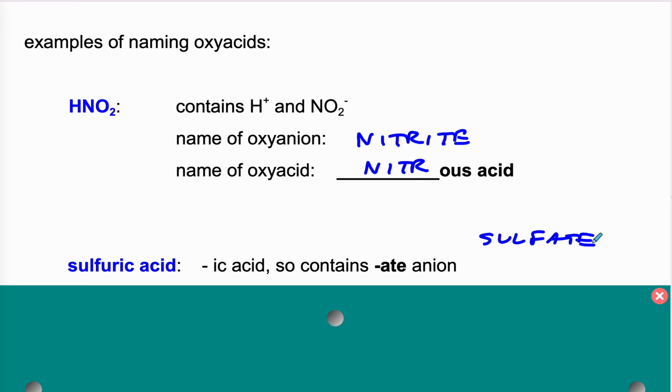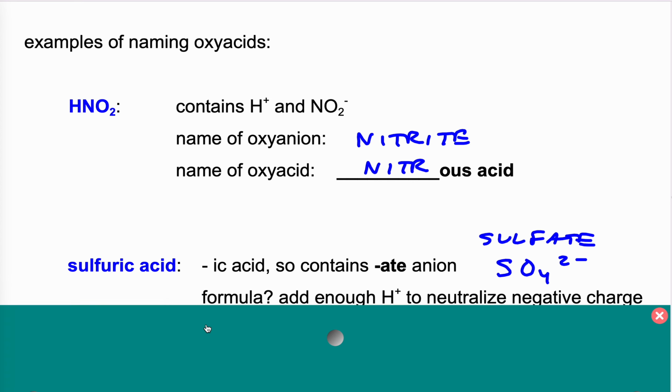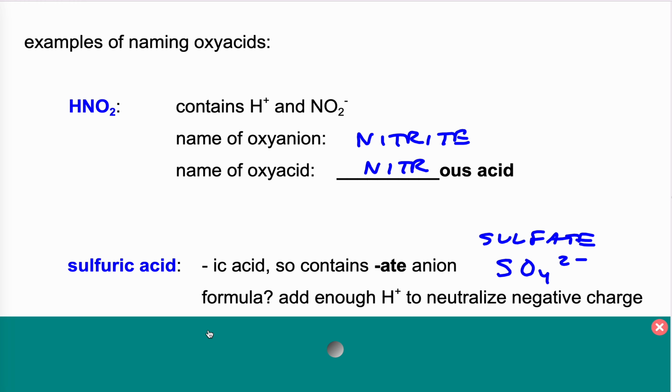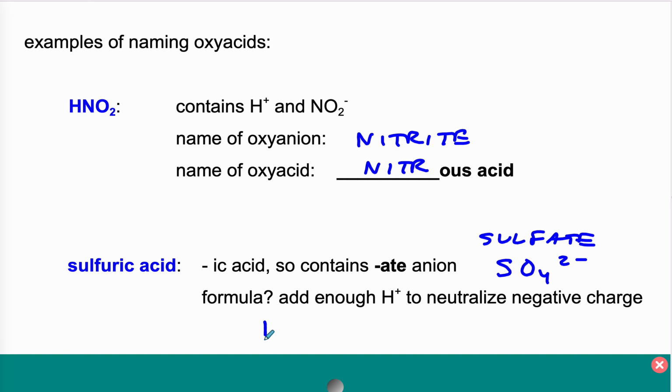And we know from the nomenclature sheet that the sulfate anion has the formula SO4 with a 2 negative charge. So to come up with the formula, we add enough hydrogen ions, enough H+ cations, to neutralize the negative charge in the anion. Since the sulfate anion has a 2 negative charge, that means we need 2 hydrogen ions. Therefore, the formula will be H2SO4.